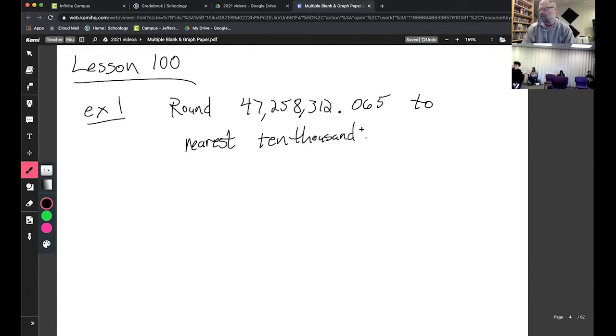So round that to the nearest 10,000. What makes it a little different than basically pre-algebra or math 7 is that it does have some lingering decimals on the end. So what do you do with those?